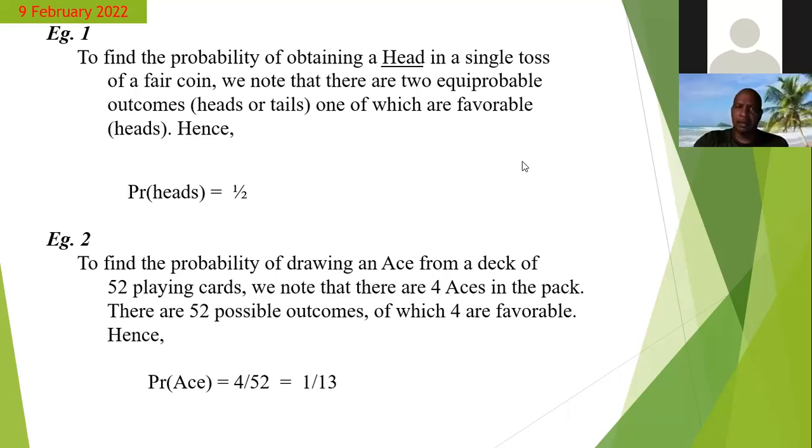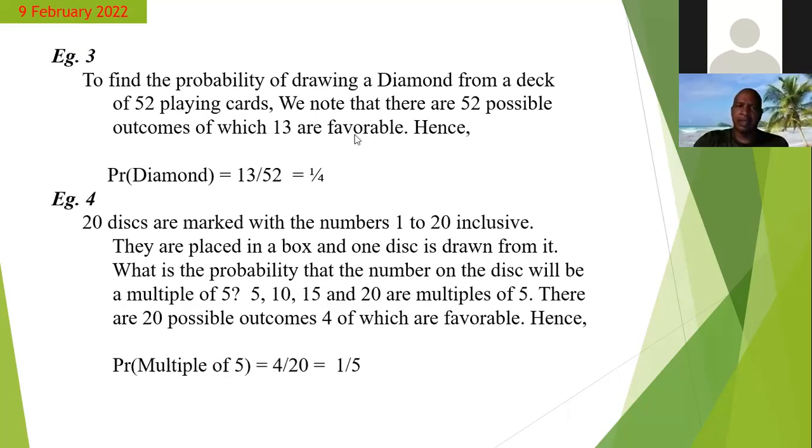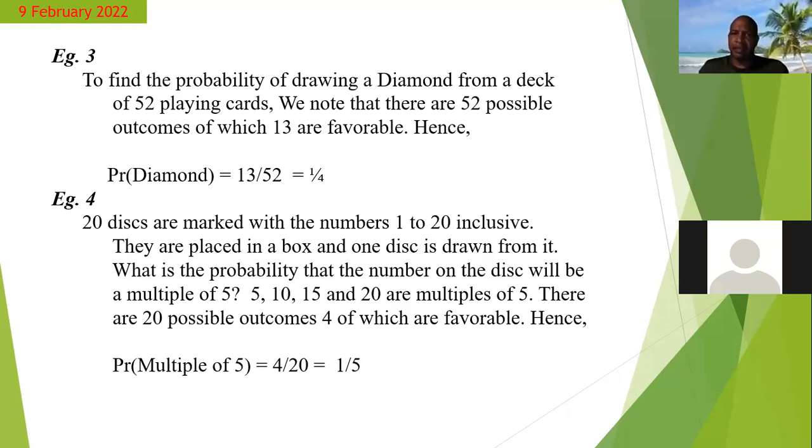Yes, sir. Okay. All right, so 2 more examples on probability here. To find the probability of drawing a diamond from a deck of cards, we know that there are 52 outcomes. And we know that 13 diamonds are in the card pack.